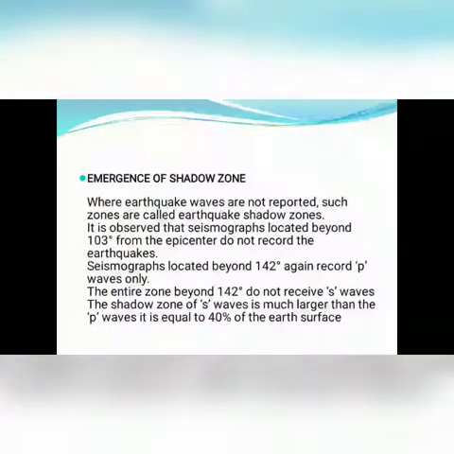Seismographs located beyond 142 degree again record P waves only. The entire zone beyond 142 degree does not receive S waves. The shadow zone of S waves is much larger than that of the P waves. It is equal to 40% of the earth surface.